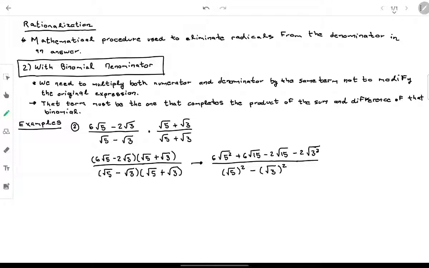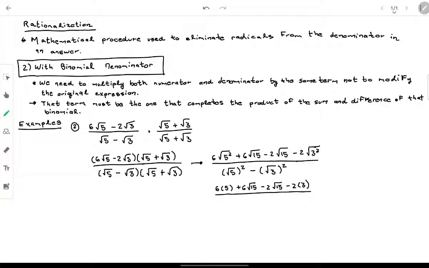So it's possible to take out something from the first and the last root. So we can take out a 5 on the first. Then it's going to be plus 6 the square root of 15 minus 2 the square root of 15. And finally, minus 2 that multiplies 3.